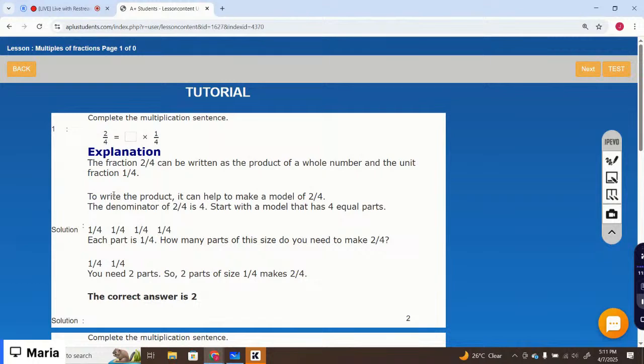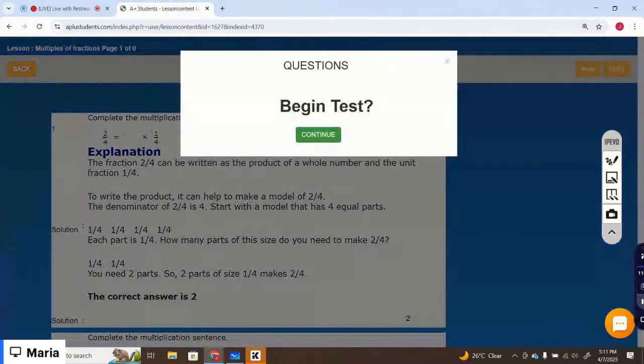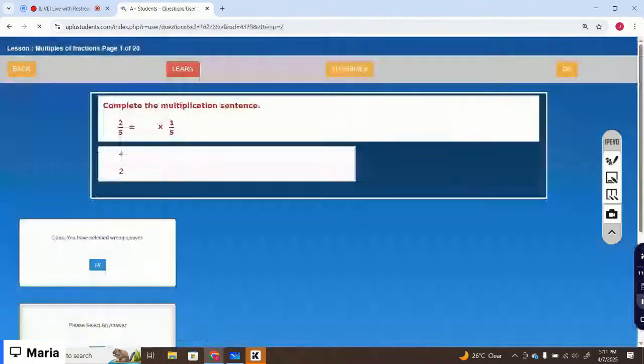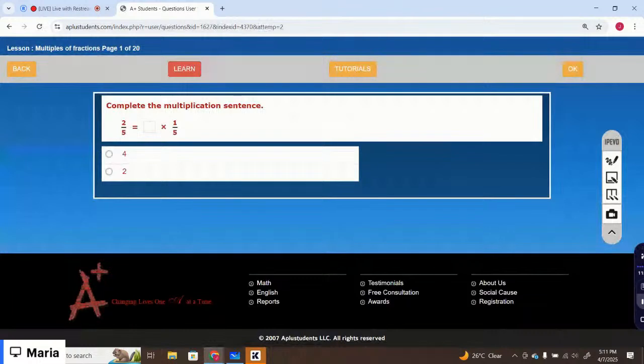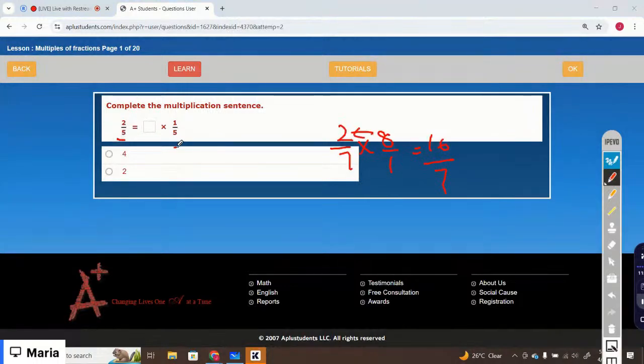Okay, let's just start with the test questions. Complete the multiplication sentence. 2 by 5 equals the missing number times 1 over 5. So you can see they have the same denominators. Just look at their numerators. 2 it is. 1 times what number is 2?